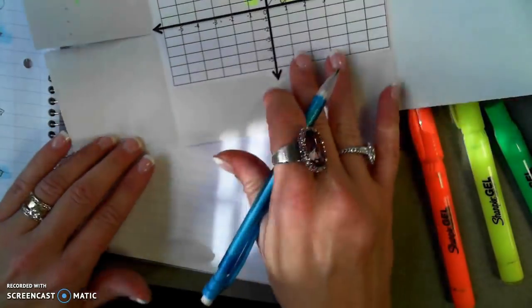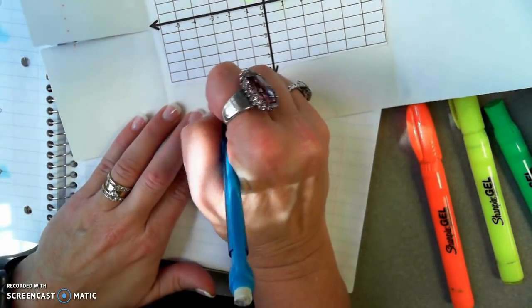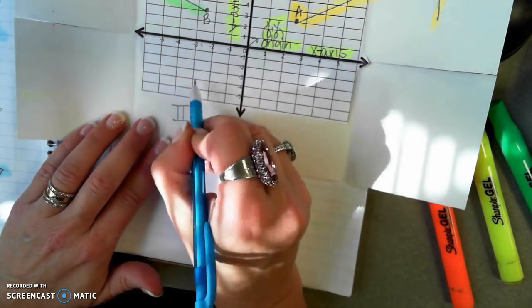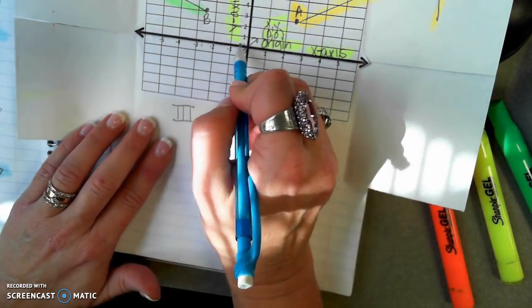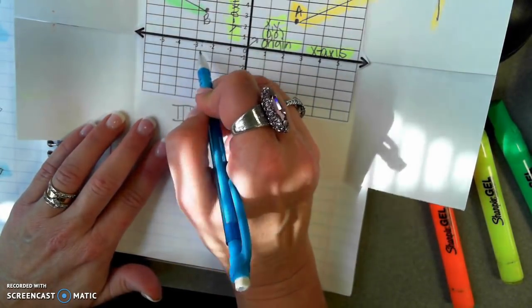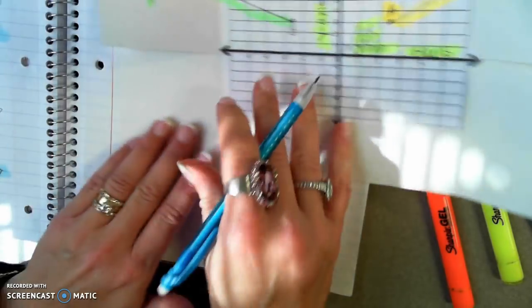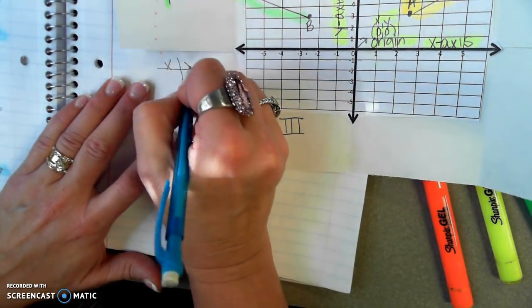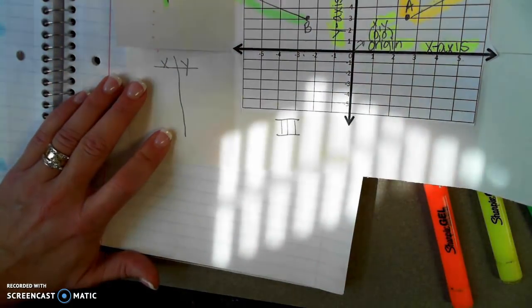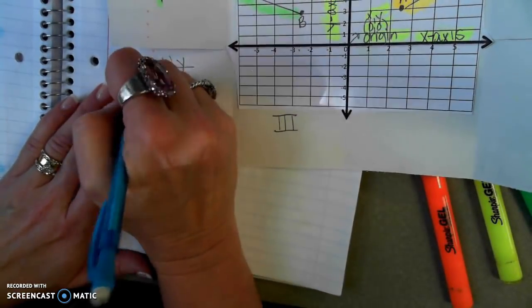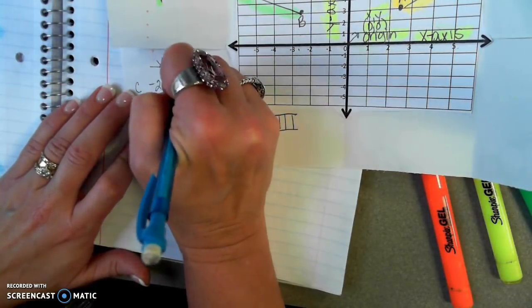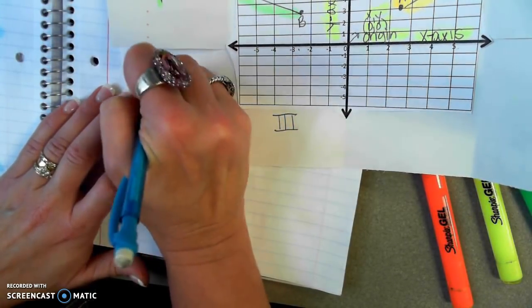All right, quadrant 3. Moving around that C, we're on quadrant 3. Now to get to quadrant 3 down here, I still have to go negative, but I have to go down negative. So let's draw our T-chart, X and Y. Since they both have to be negative, this is going to be point C, negative 2 1/2 and negative 3.